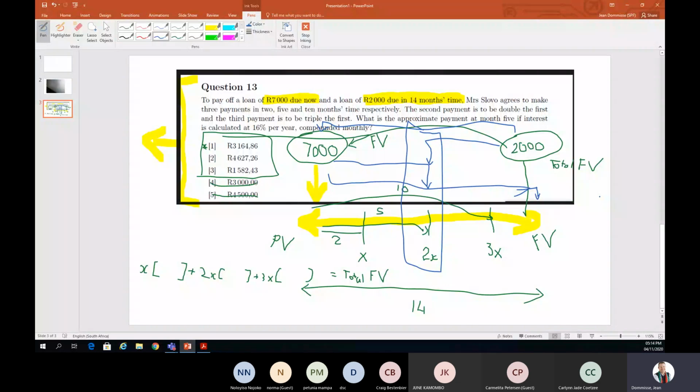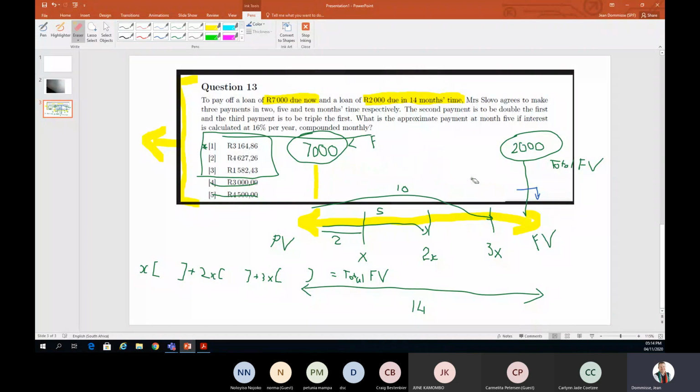So they all bring it to that month 5, which makes sense, because what I would have needed to do is get to that month 5.